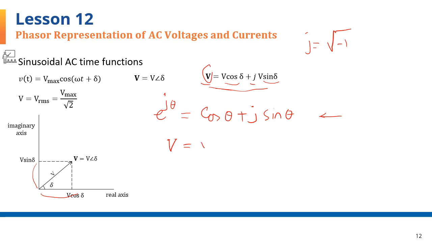I take the v out, this scalar v here, out as a factor and end up with cosine of delta plus j sine of delta in a pair of parentheses here. And based on Euler's equation, I can rewrite this as v e to the power of j delta.